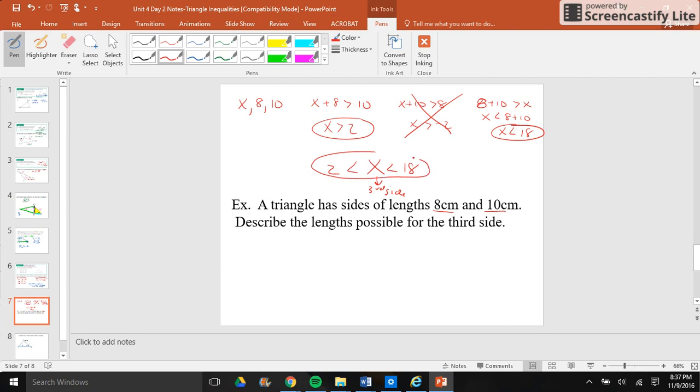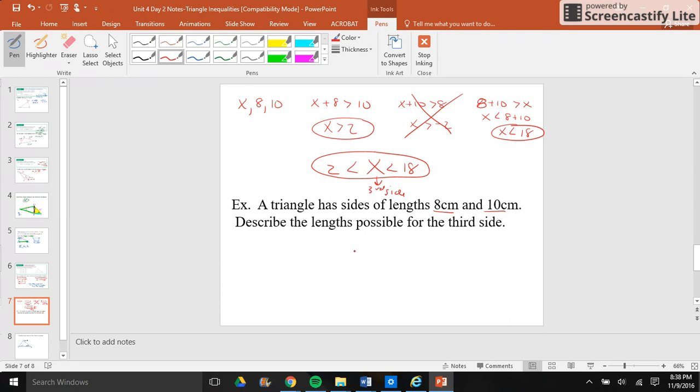So any stick between the lengths of 2 and 18 would create a triangle with other sticks that are 8 centimeters and 10 centimeters long. So 3 would work, 4 would work, 5, and so on, all the way up to 17. Those lengths would work for this triangle.